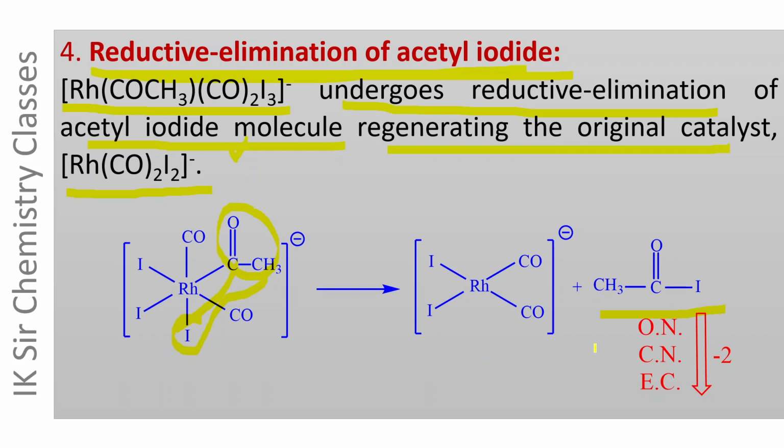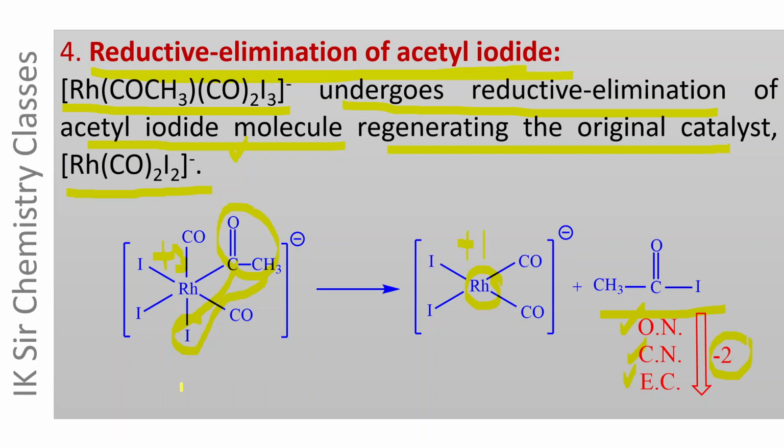In this reaction, the oxidation number, coordination number, and electron count of the CMI all decrease by 2 units. The coordination number is 6 here, but the coordination number is only 4 here. The oxidation number of rhodium in the reactant is +3, but in the product, the oxidation number of rhodium is +1.